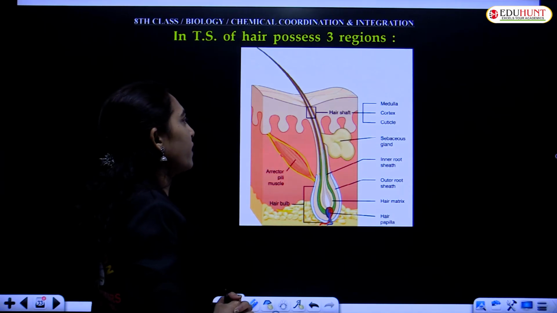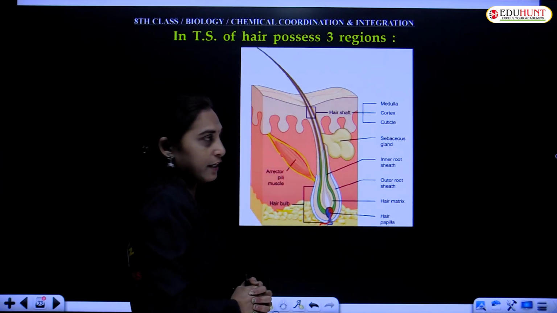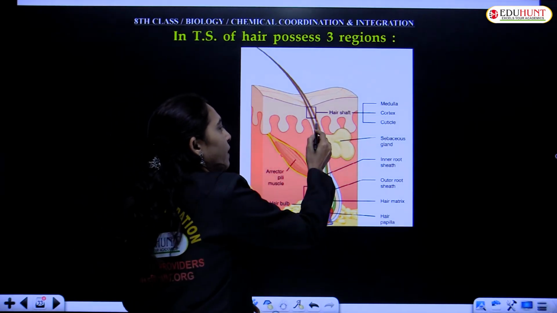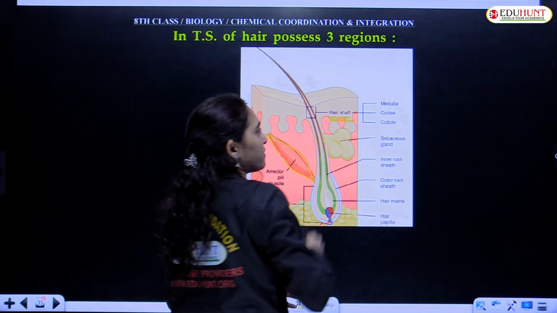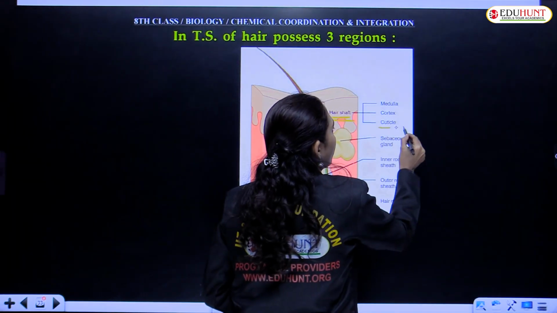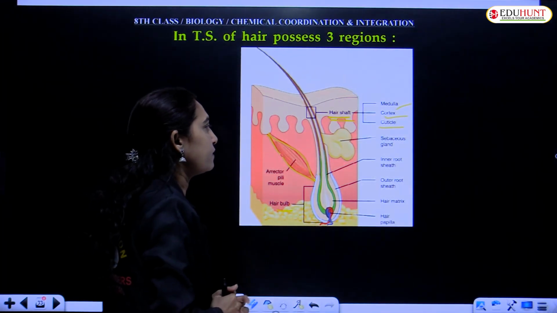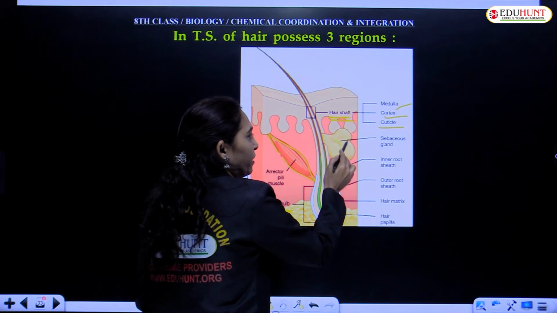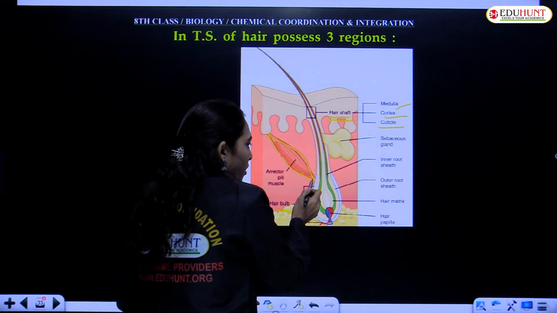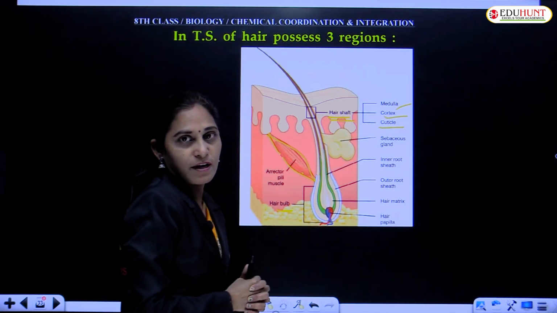This is the structure of the hair that is inserted in the dermal layer, epidermis, and up to the dermis. As I mentioned, the hair shaft consists of 3 layers: cuticle, cortex and medulla. Here in the picture you can see the sebaceous gland. Because of the erector muscle contraction, this causes the squeezing of this sebaceous gland.